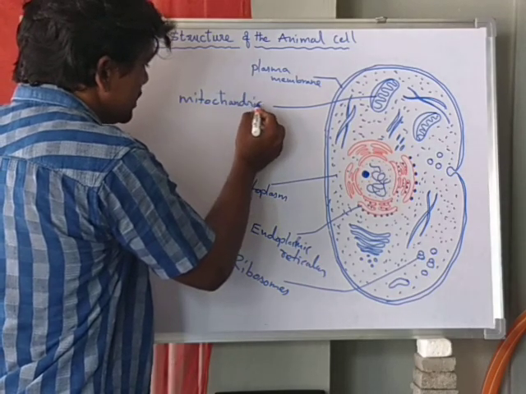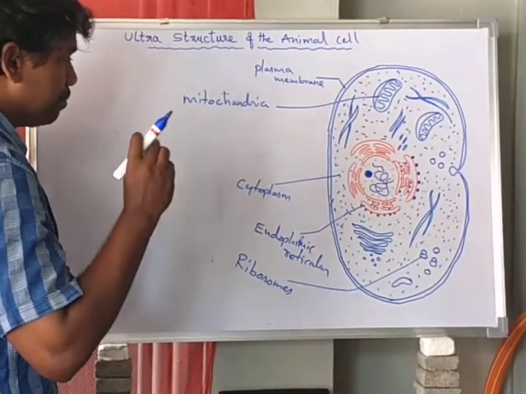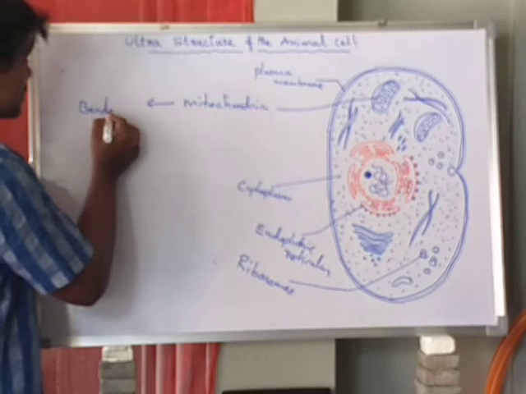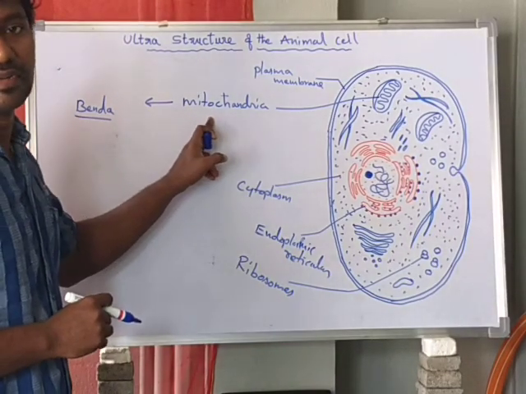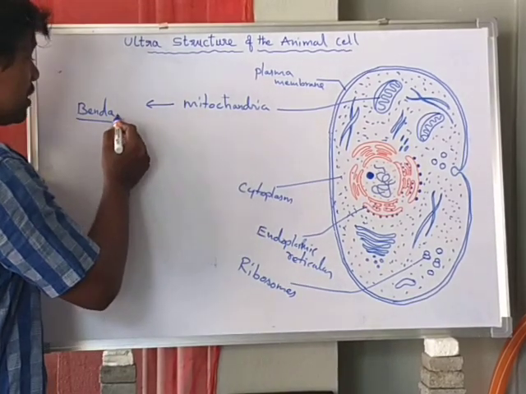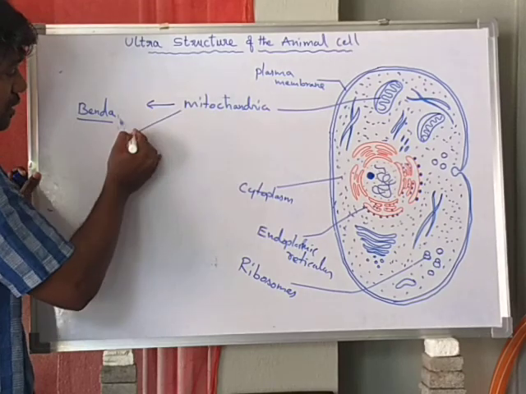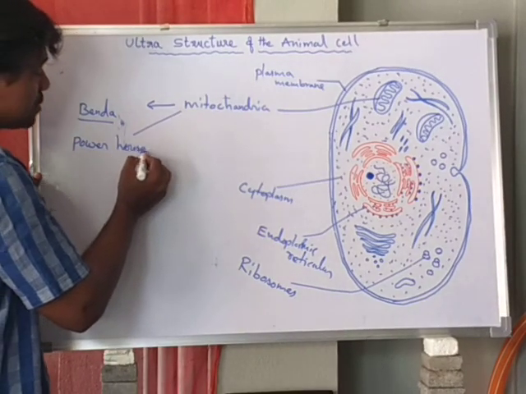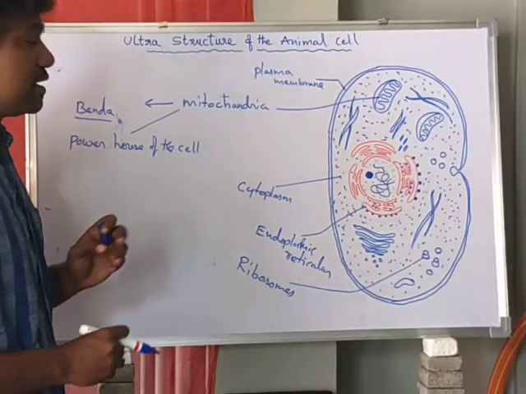The scientist Benda coined the term mitochondria. Generally the mitochondria is called the powerhouse of the cell.